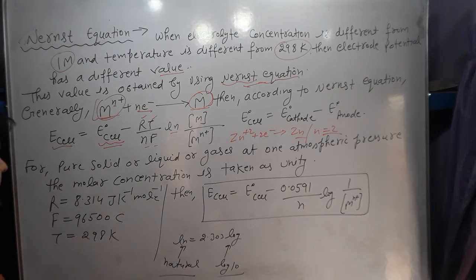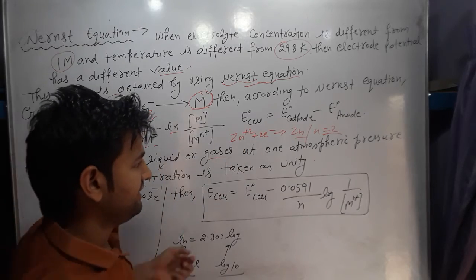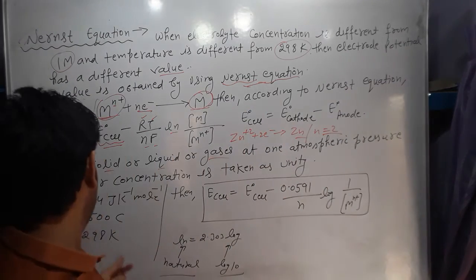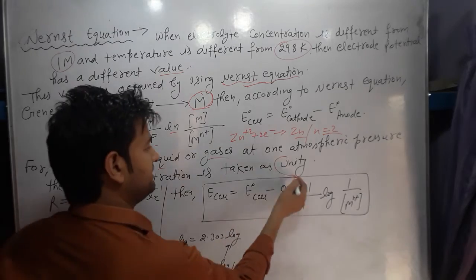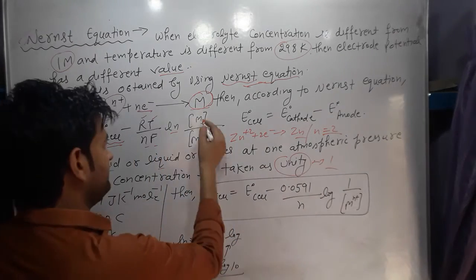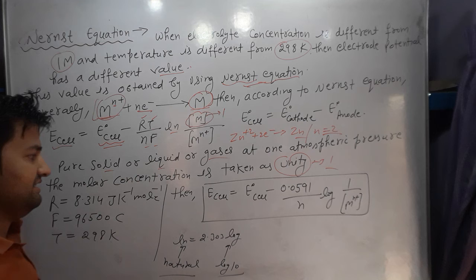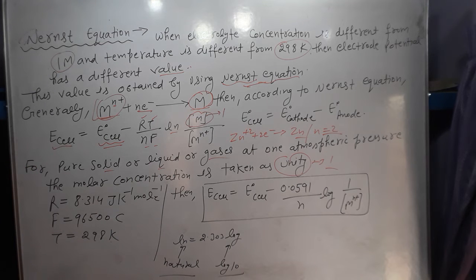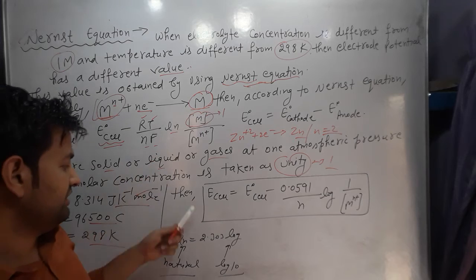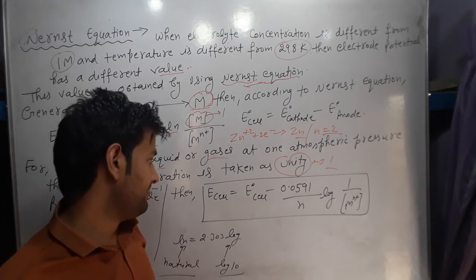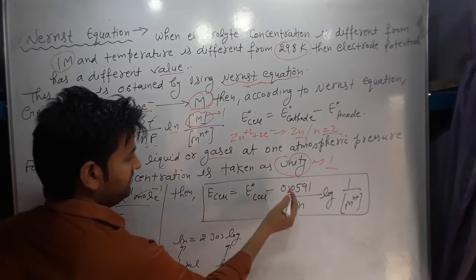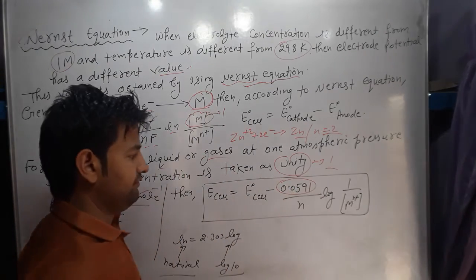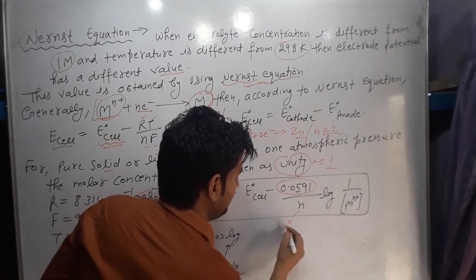For pure solids, liquids or gases at 1 atmospheric pressure, the concentration is taken as unity, meaning equal to 1. So the concentration of the metal is taken as 1. When we put the value of R as 8.314 joule per Kelvin per mole, Faraday as 96500, temperature as 298, and convert the natural logarithm into log base 10, this value becomes 0.0591. n is variable.